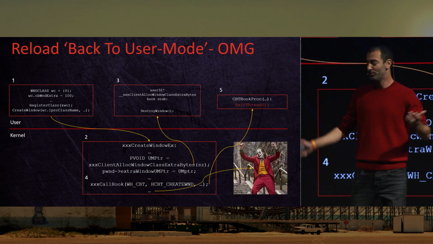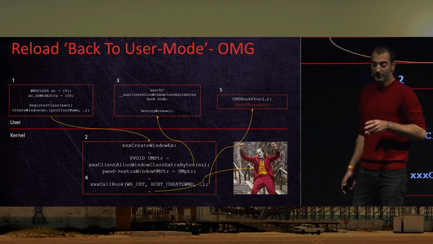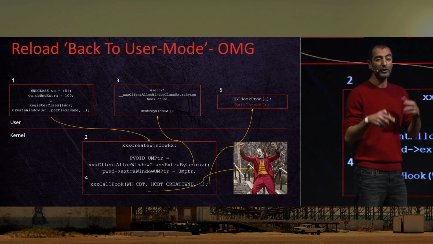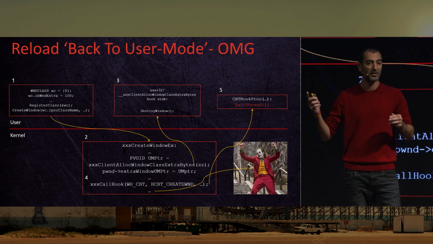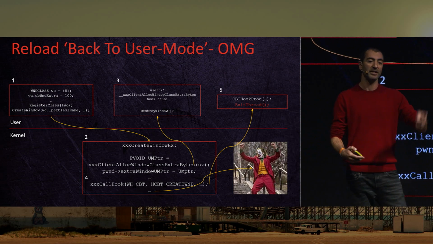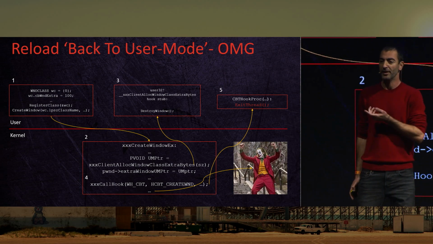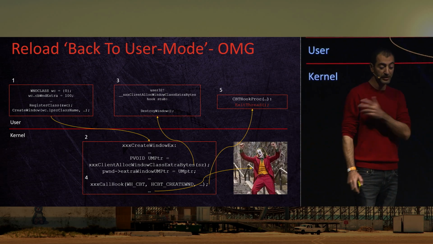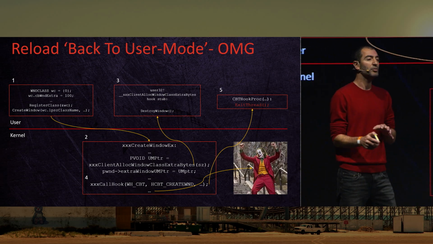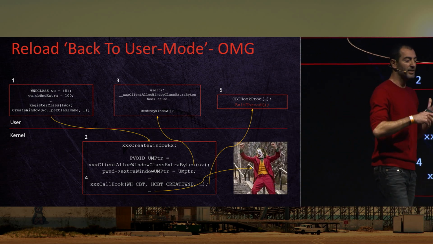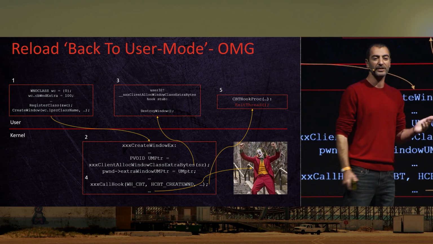And that's a spoiler. At number 5, we managed to tell the window to reload with a user mode pointer. So when it goes back to kill the object, at the last reference, it will call back the memory free in user mode. But what I needed was a way to cut the window creation inside the kernel.